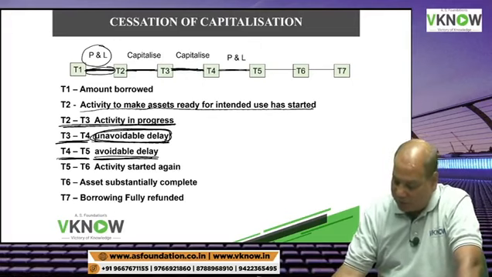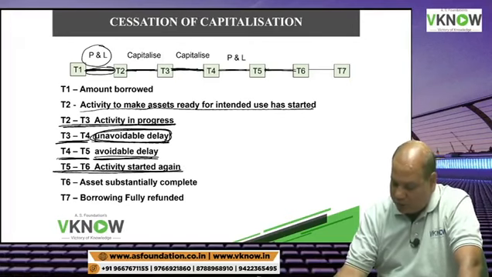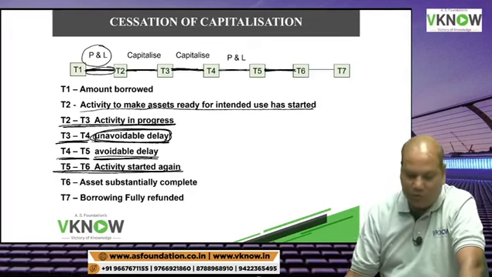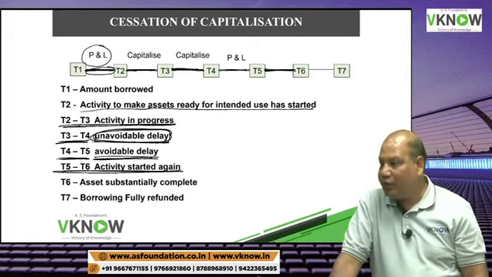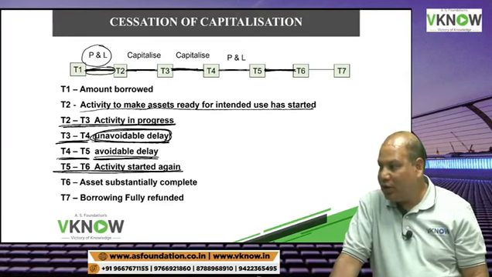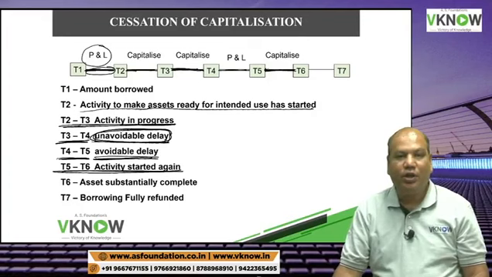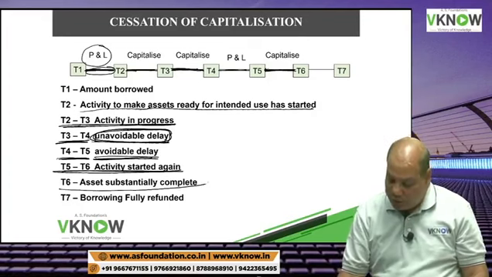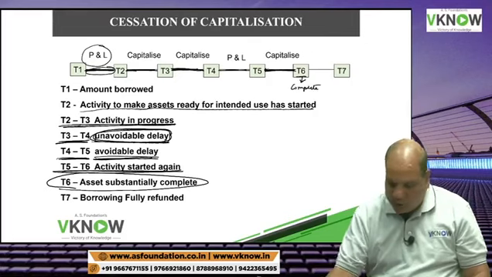And what happened after T5 to T6? Construction work started again. Sanket is right. Tanya is right. T5 to T6, again start capitalizing. Then what happened at the point T6? At T6, the asset is substantially complete.